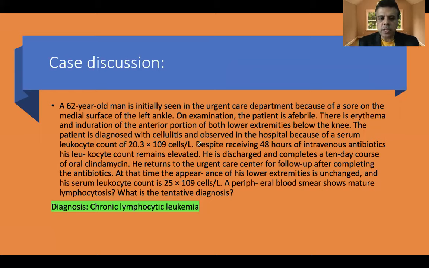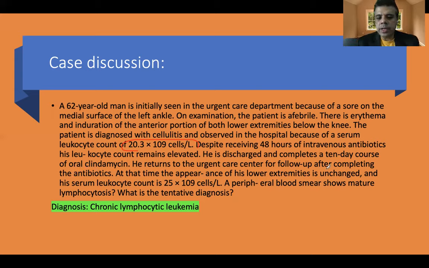He is diagnosed with cellulitis and observed in the hospital because of a high leukocyte count. Despite 48 hours of IV antibiotics, the leukocyte count remains elevated, and he is discharged and completes a 10-day course of oral clindamycin.